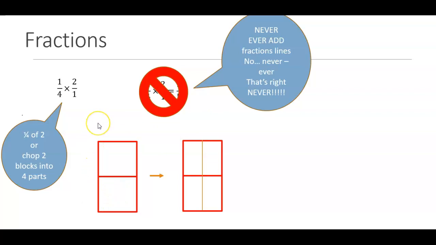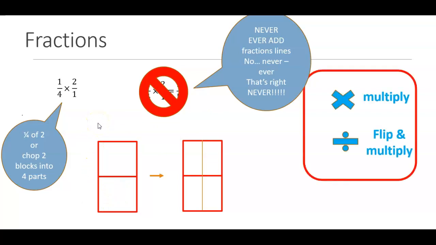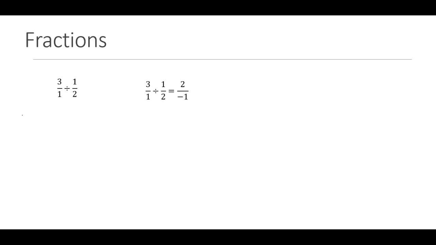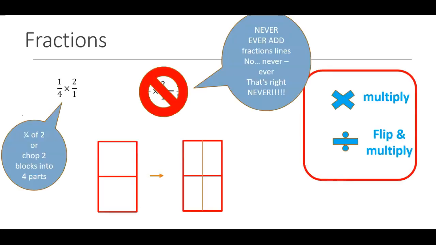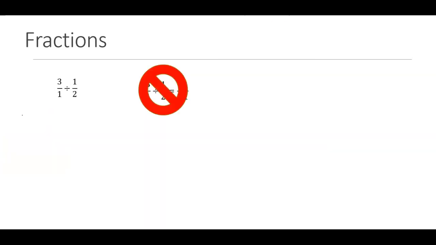Beautiful. We've already talked about how flip and multiply is the process we can use in terms of dividing by fractions. I'm not going to go into that, and here's an example. So what do we have? 3 divided by a half. How does that work?